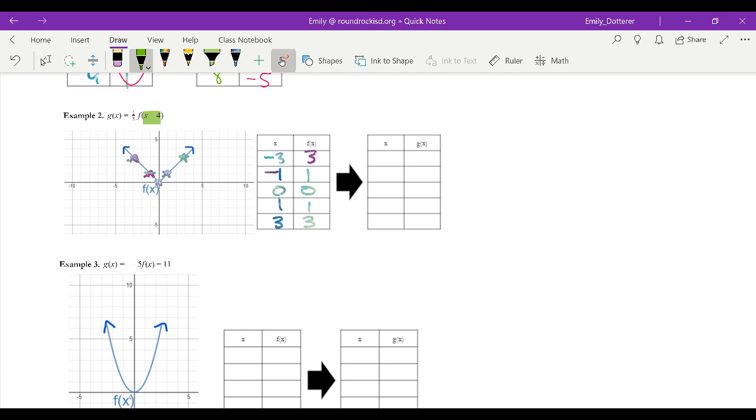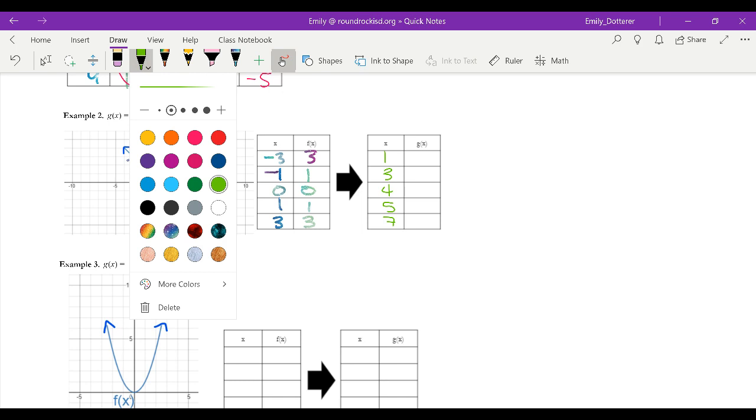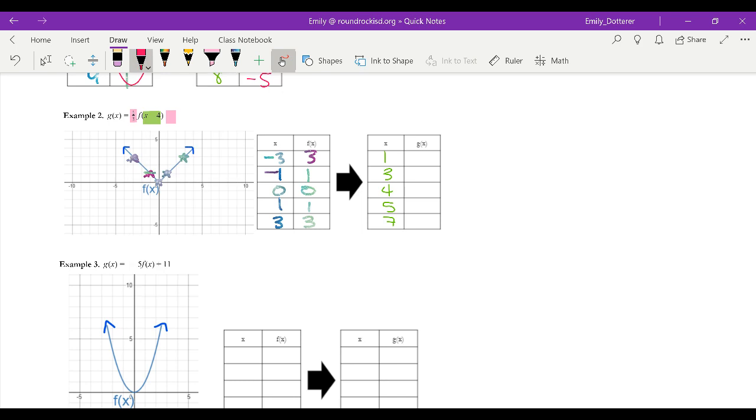Okay, this graph is going to the right 4, so we are going to add 4. And then the a value is 1/3, there's no d value. So we're just going to multiply these by 1/3.